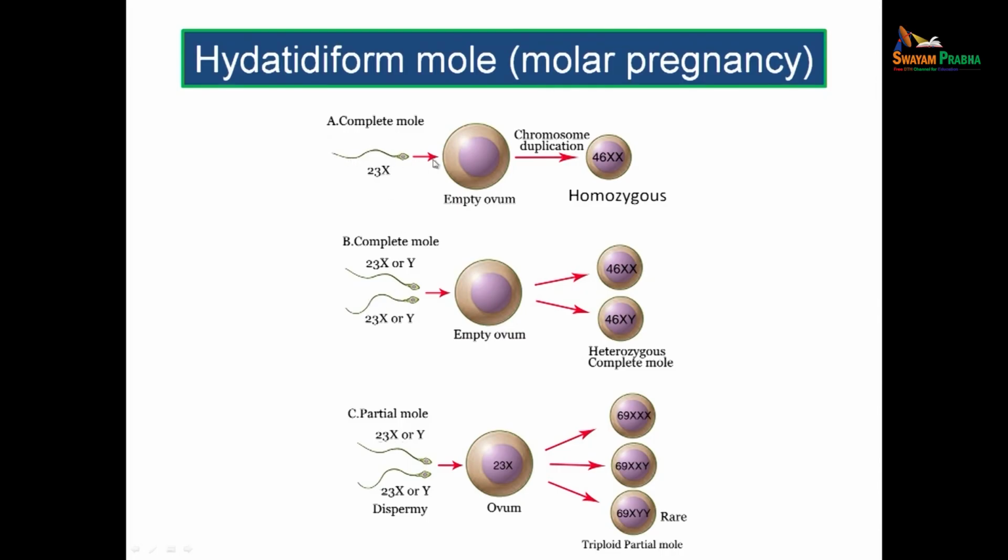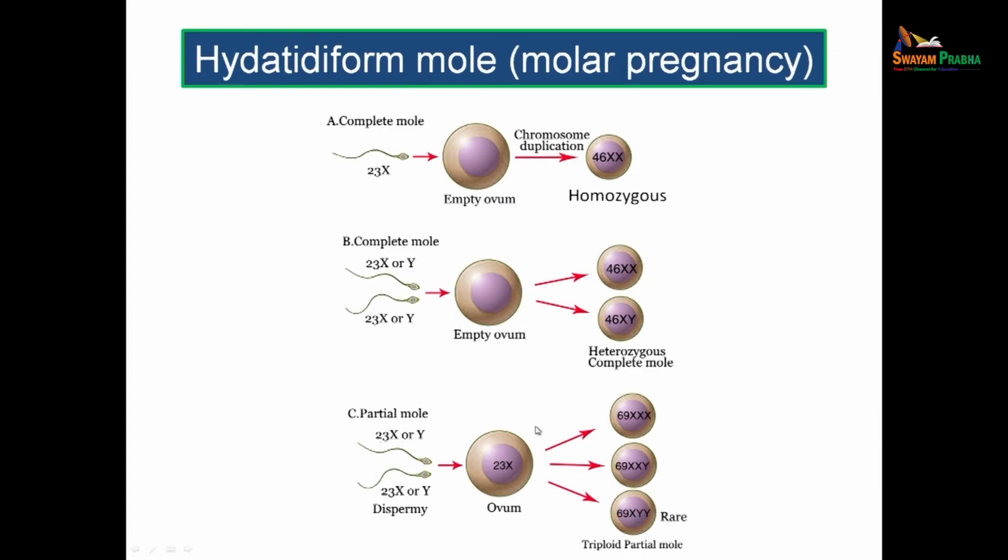Sometimes one sperm enters the empty ovum and then duplicates, and you get a set like this, or sometimes you get 2 sperms fertilizing an empty ovum and you get a heterozygous complete mole. Partial mole means there is contribution from the ovum and sometimes 2 sperms along with this ovum forms a triploid state, that is known as partial mole.